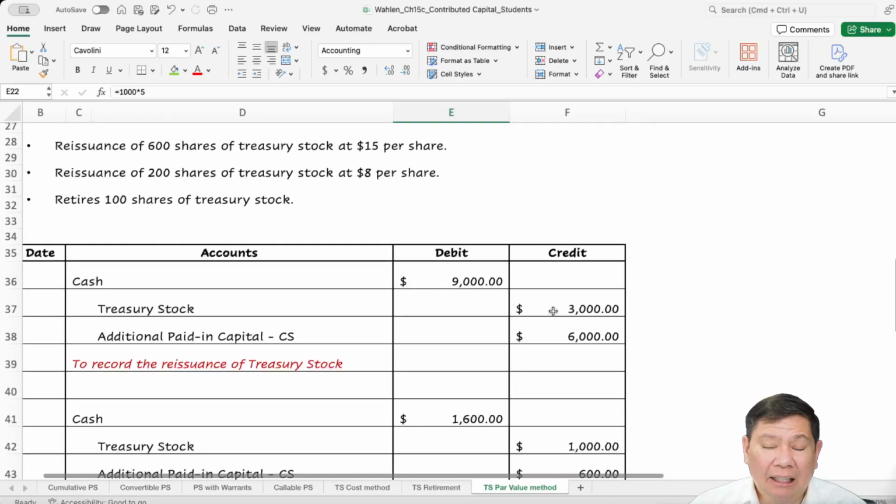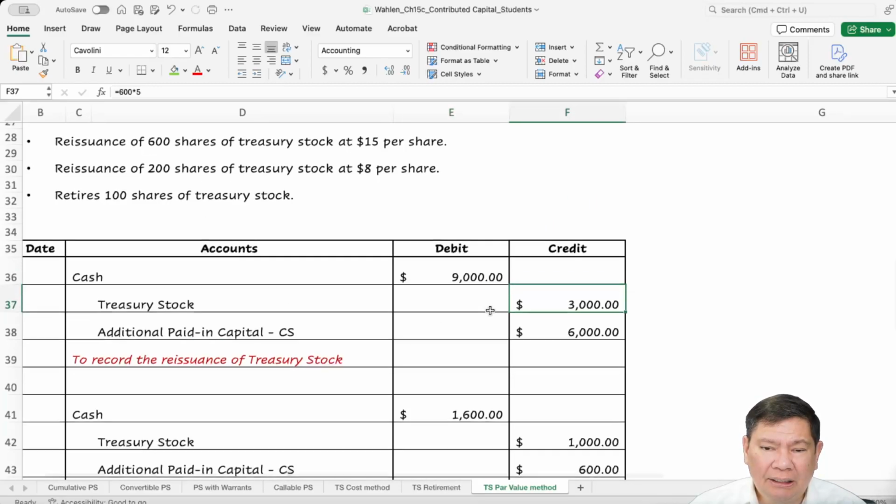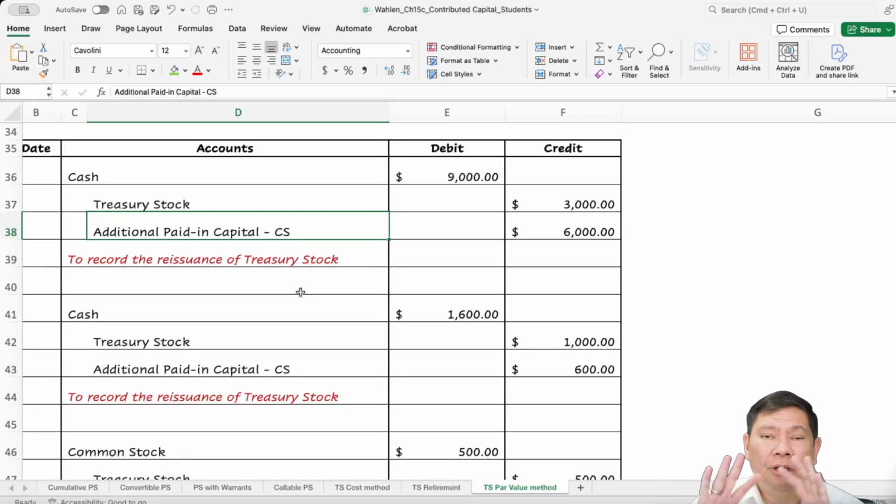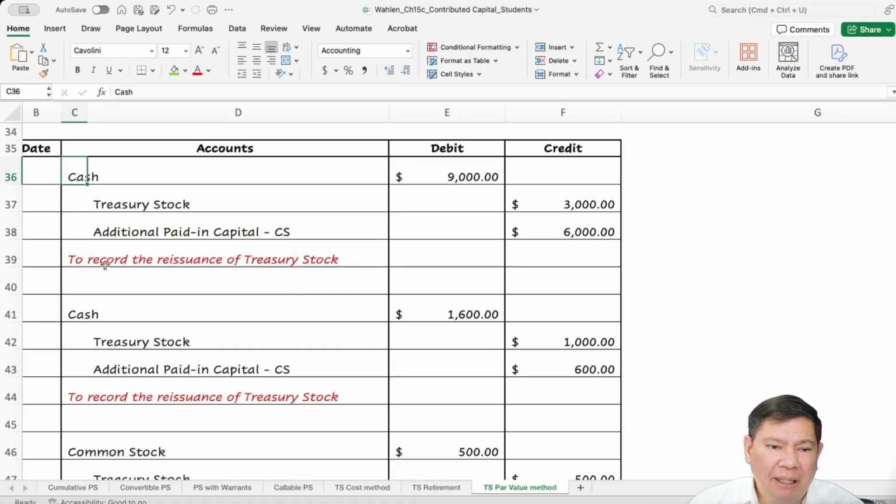Okay, instead of $13, all the treasury stock here is based on $5, and the additional paid-in capital from treasury stock will be used to balance the debit side and the credit side, because the cash that we receive here will be based on different selling prices. So the additional paid-in capital will make the balance for the debit and the credit. So that's the treasury stock using the par value method.